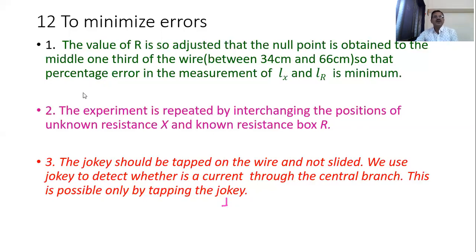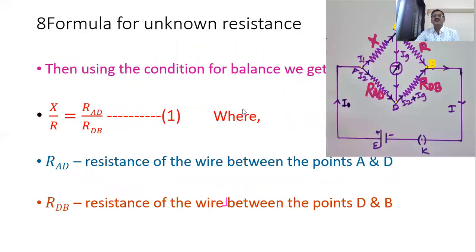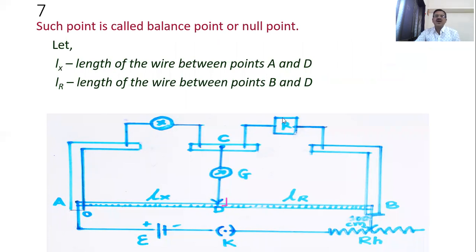Then the next way to minimize the error is that the experiment is repeated by interchanging the positions of the unknown resistance X and the known resistance box R. Here this resistance box R is connected in the left gap, and the unknown resistance is connected in the right gap.